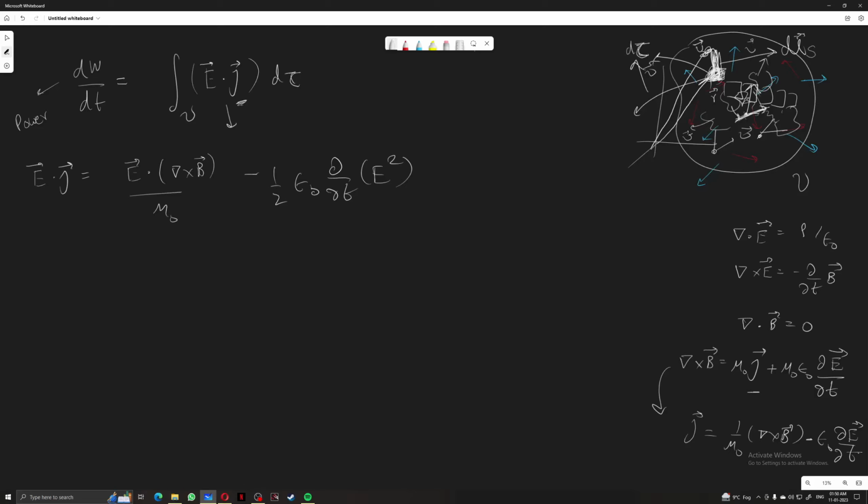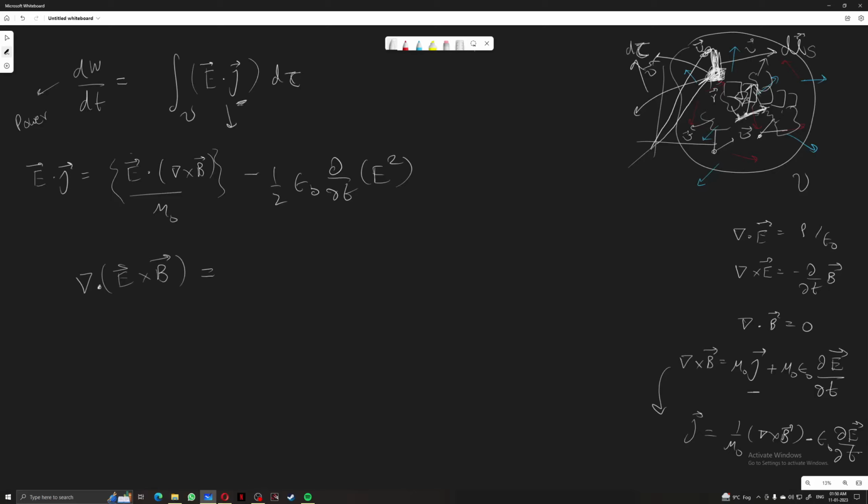Now, similar idea for this term, right? You think of a derivative on E cross B, and you know that this is going to distribute over the divergence. So you know that this divergence will distribute over, and the identity is as follows.